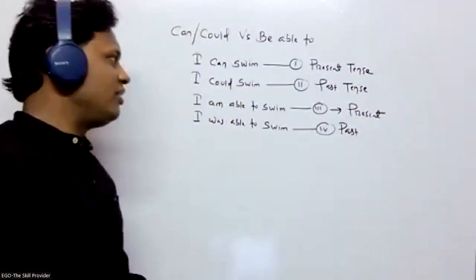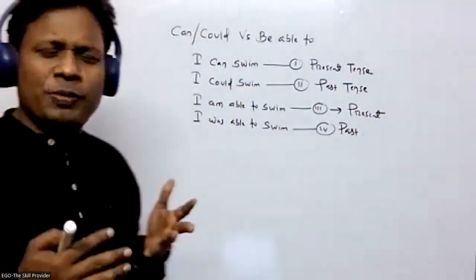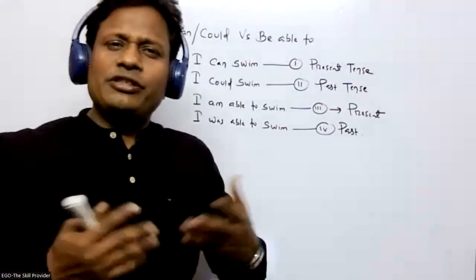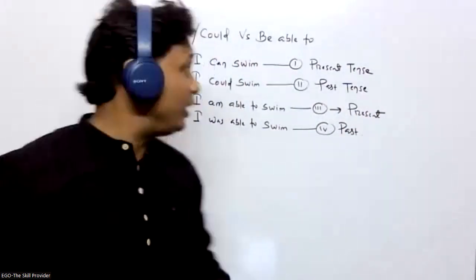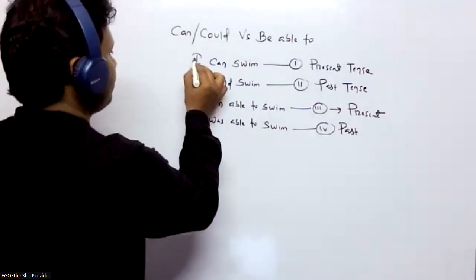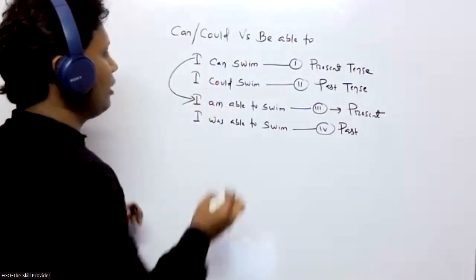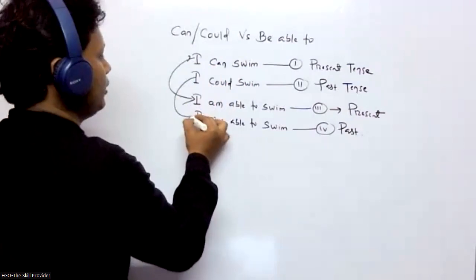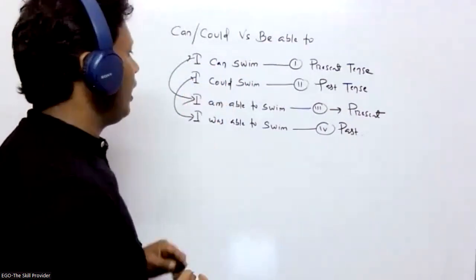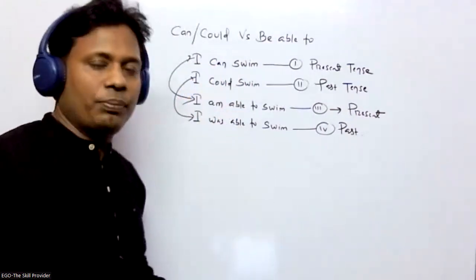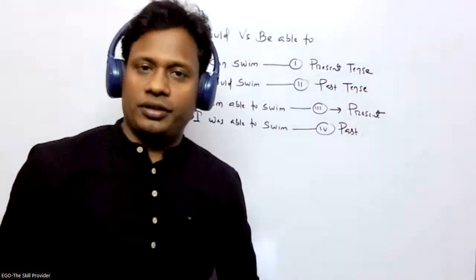Okay. But most people say that there is no fundamental difference between I can swim and I am able to swim, and this is the pair. I could swim, I was able to swim, which is absolutely not true.